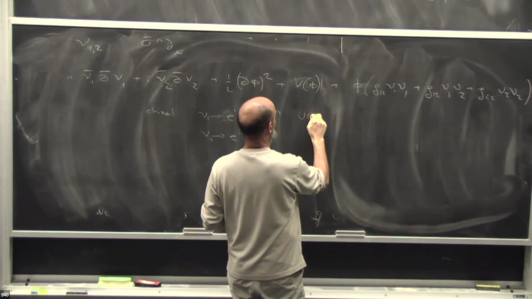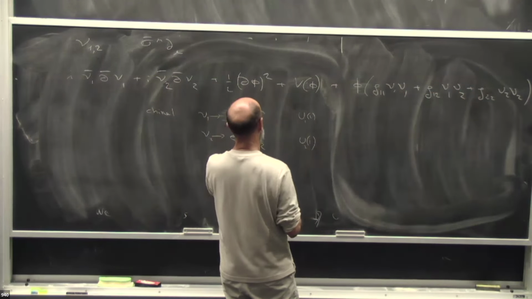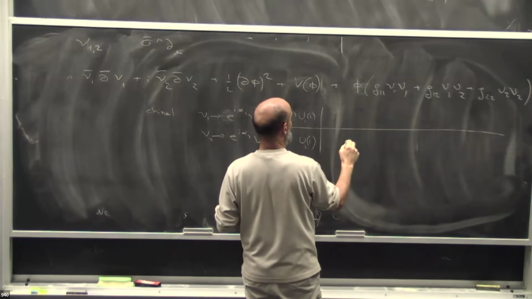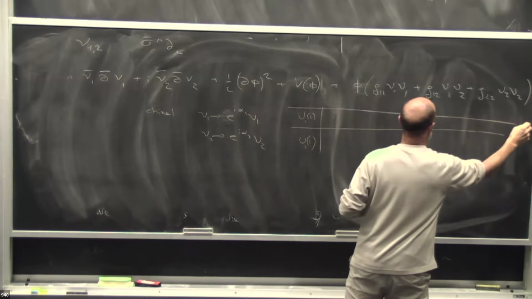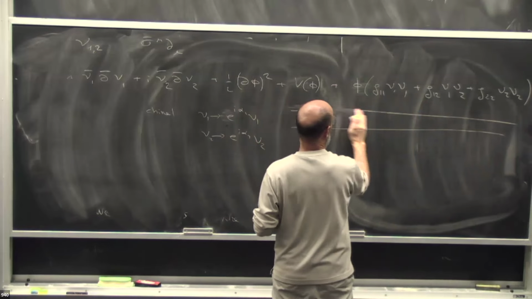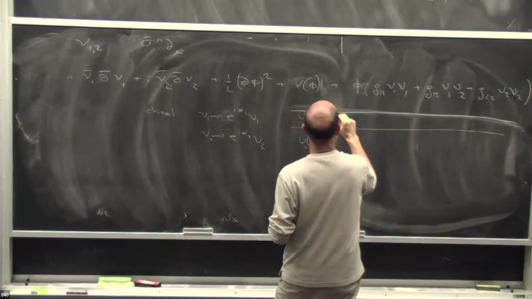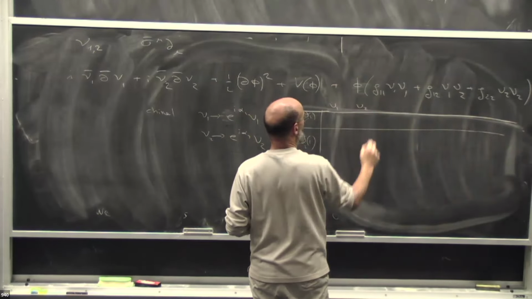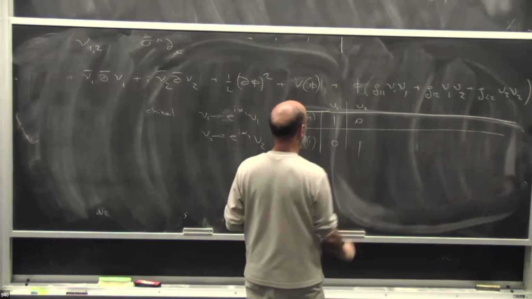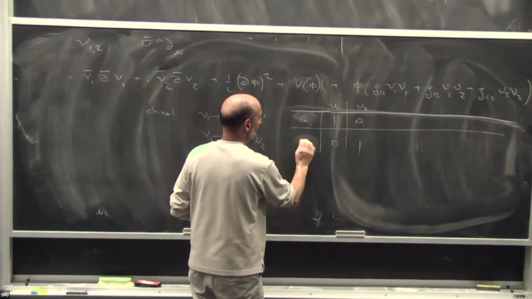So you can write here how things transform under the symmetry. U1 and U2 have charges 1, 0 and 0, 1; these are the charges Q1, Q2.